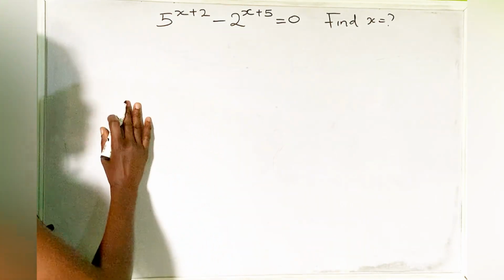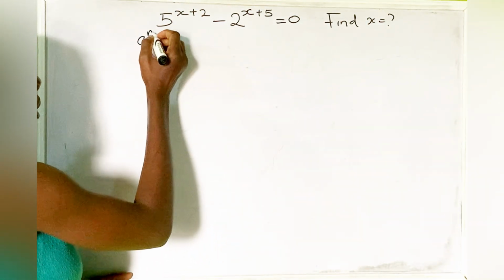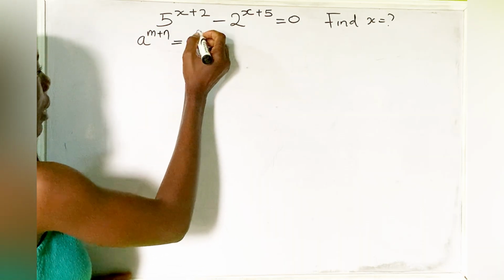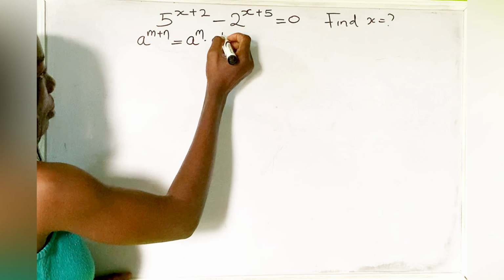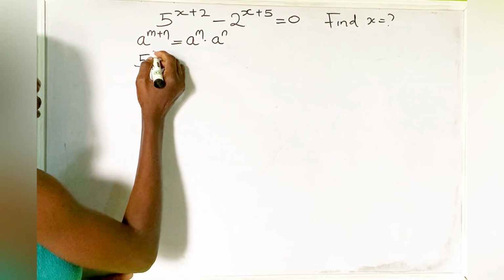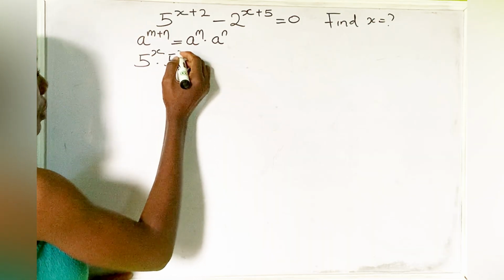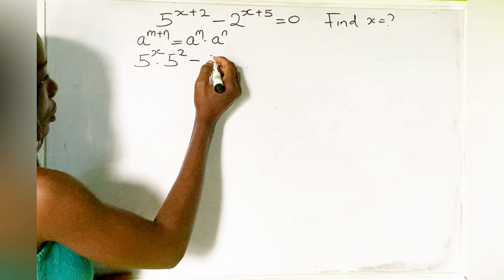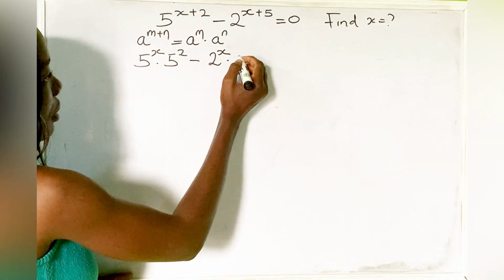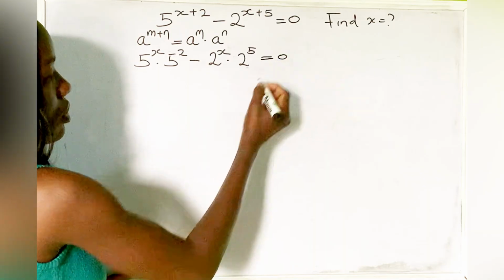Now, we're going to be applying this law of indices, where a to the power of m plus n is the same thing as a to the power of m multiplied by a to the power of n. So now we will say 5 raised to power x multiplied by 5 raised to power 2 minus 2 raised to power x multiplied by 2 raised to power 5 is equal to 0.